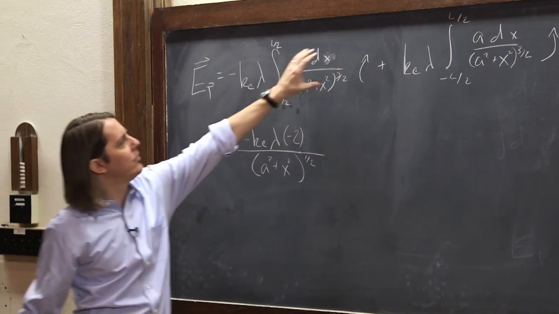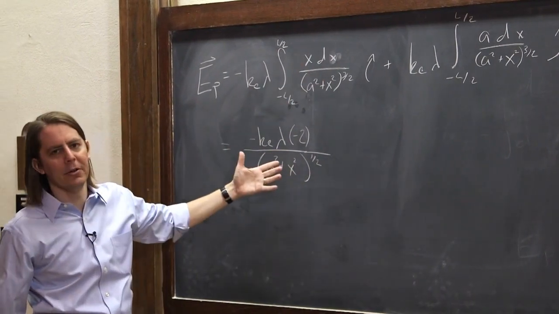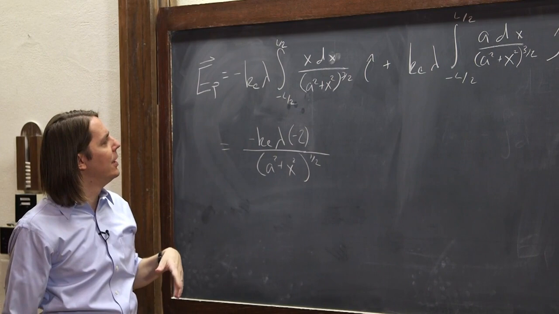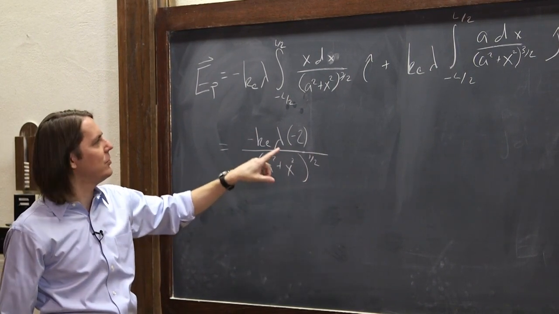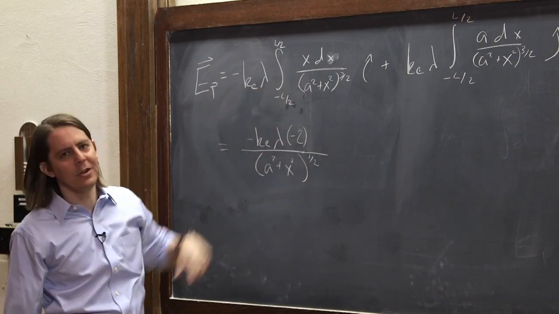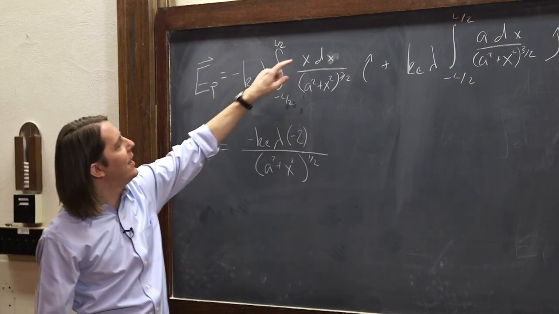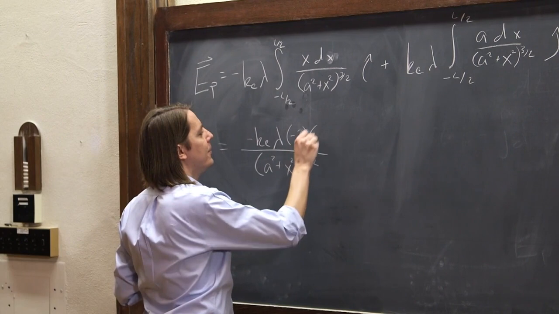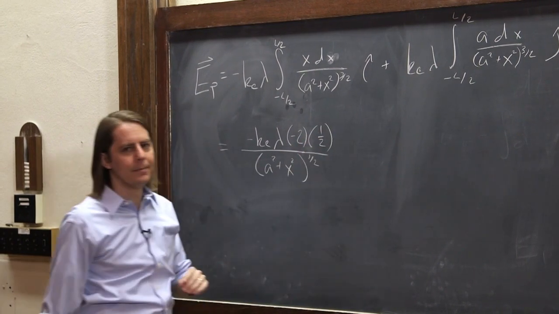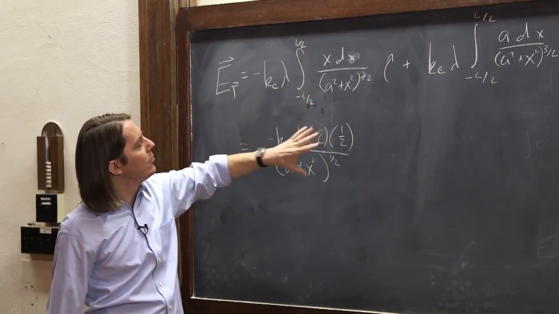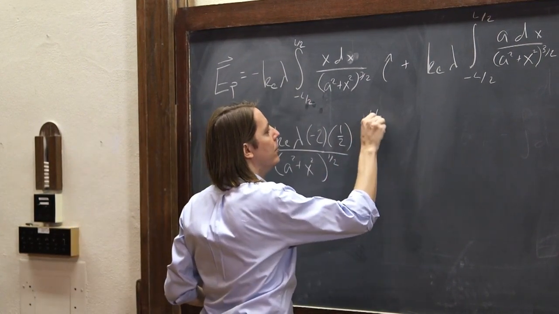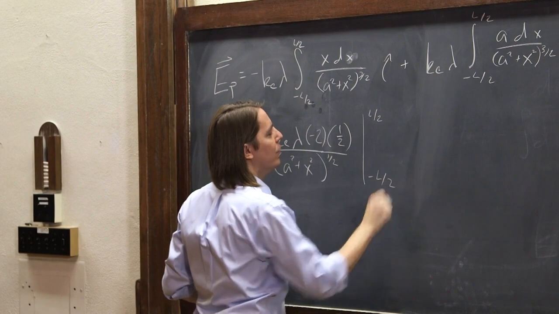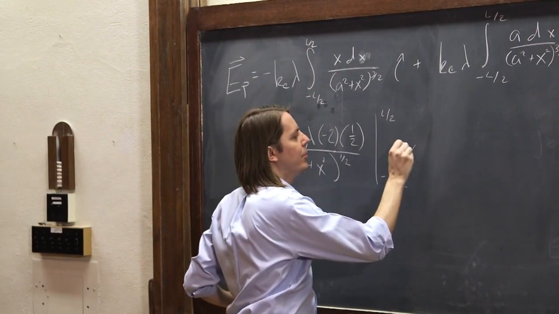Because minus 3/2 goes to minus 1/2, it's in the denominator, so it's 1/2 in the denominator. But then you also have to divide by the derivative of this thing with respect to x, so that's 2x. So it's lucky that that x is there to get canceled out. So we divide x by 2x, and we get a 1/2. So that's the integral of that thing, and then we evaluate it from minus L over 2 to L over 2. And that's your I hat component.